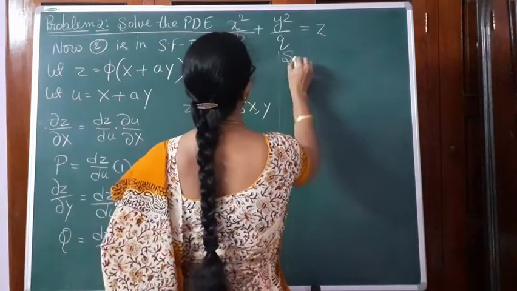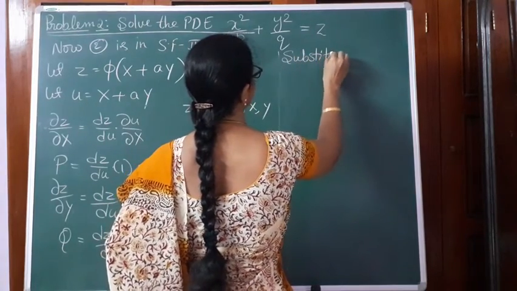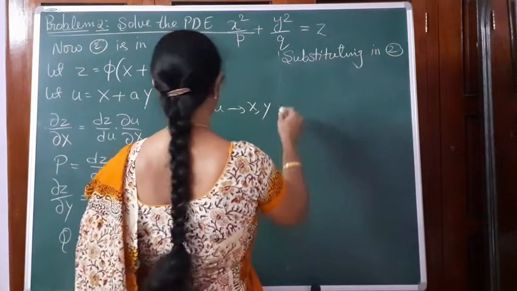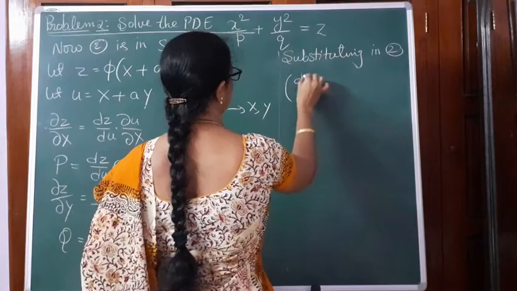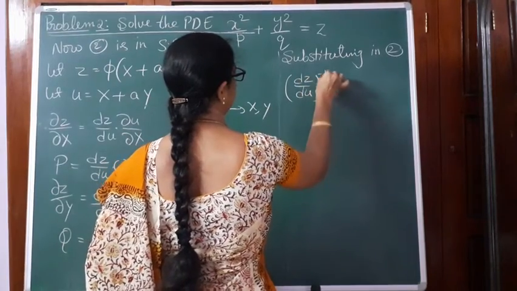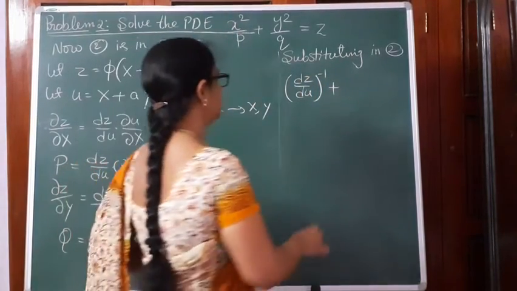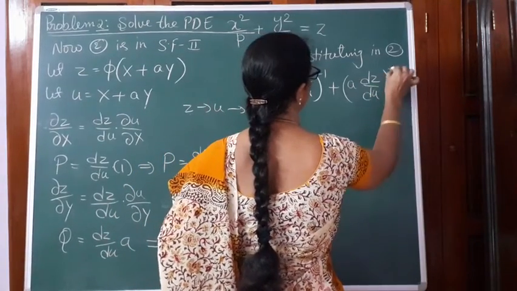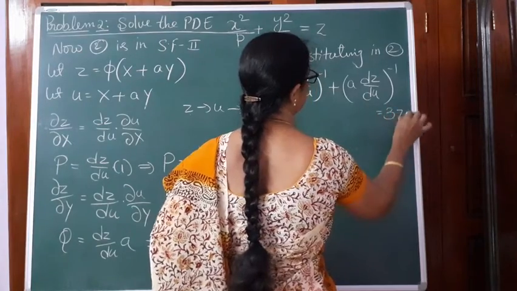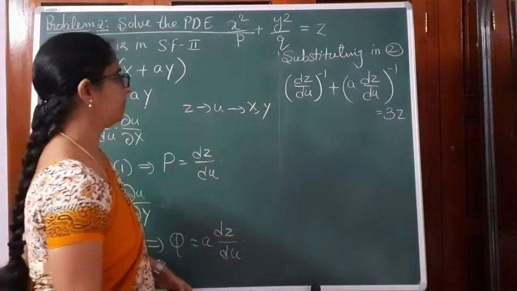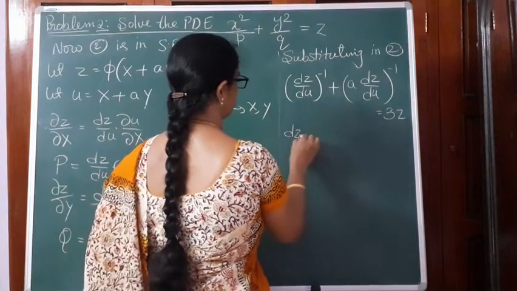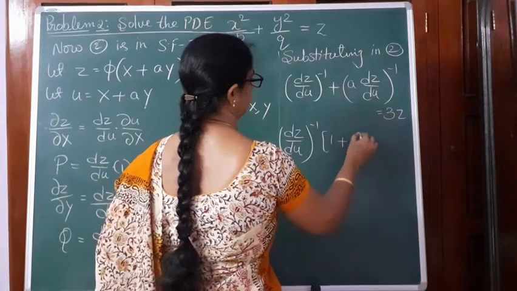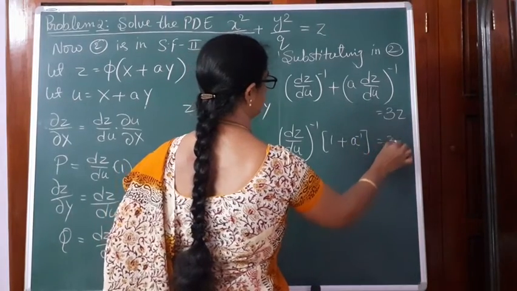So substituting in equation 2, 1 by P is 1 by dz by du, that is dz by du whole power minus 1, plus 1 by Q, that is a into dz by du whole power minus 1, is equal to 3z. Now take dz by du whole power minus 1 common. Then we have 1 plus a power minus 1 is equal to 3z.